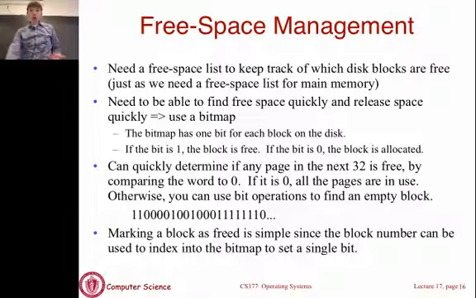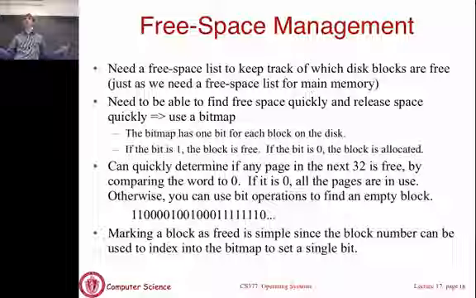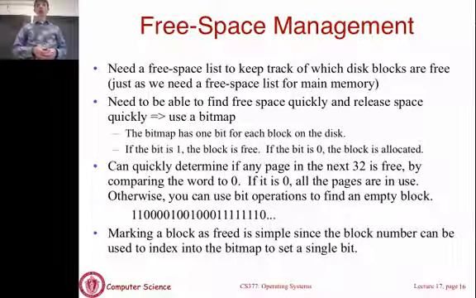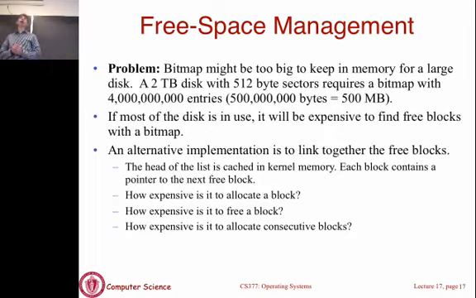Now, one thing here is that we again have to keep a copy of this bitmap on the disk. Typically you modify it in memory, but periodically you have to write it out to the disk so that you're keeping track of what parts of your disk are free. But this could potentially be a problem if you have a really large disk.